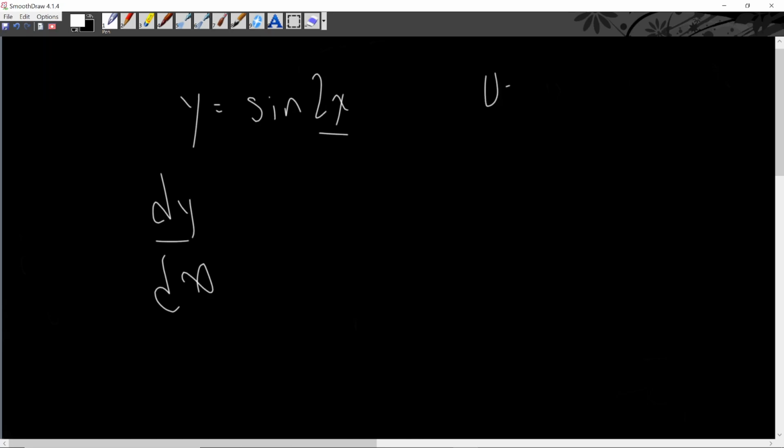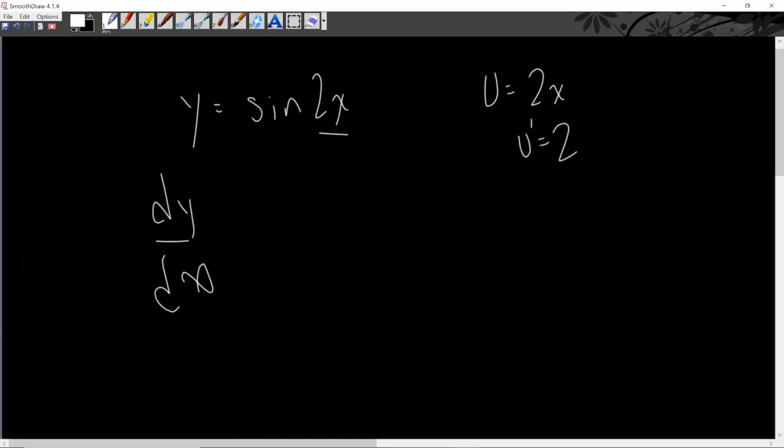Okay, we'll start off relatively normal. We'll have y equals sine 2x, and we have to find dy dx. Okay, so we have a function inside our function. We have 2x, right? And so we have u equal to 2x, which means that u prime is equal to 2.